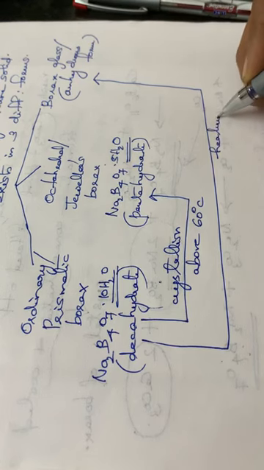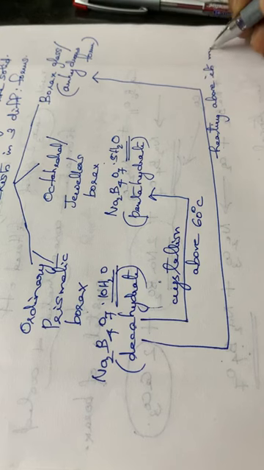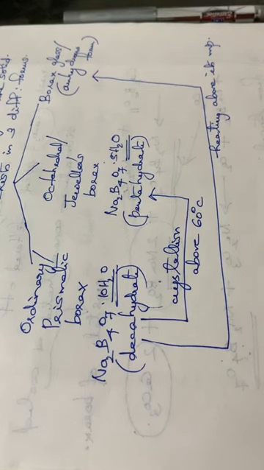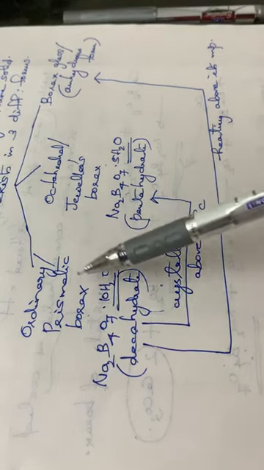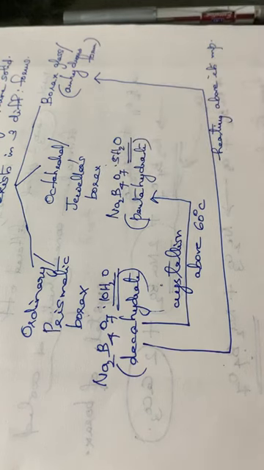That is how we can prepare borax glass. So these are the three different forms of borax: ordinary or prismatic, octahedral or jeweller's borax, and borax glass or the anhydrous form.